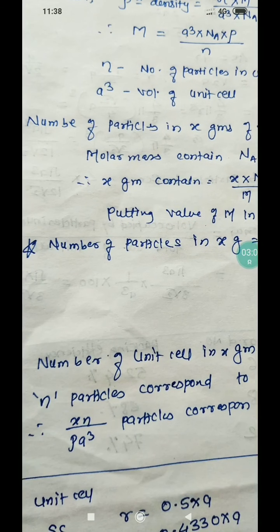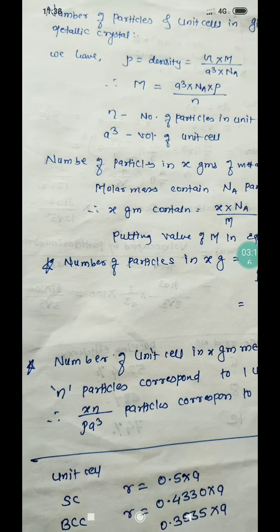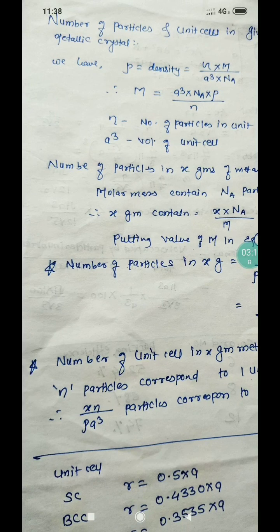In the first part here we calculated the number of particles in x gram of metal. Now the number of particles together form a unit cell. For example, a simple cubic cell has 1 particle, a body centered cubic cell has 2 particles, and a face centered cubic cell has 4 particles.